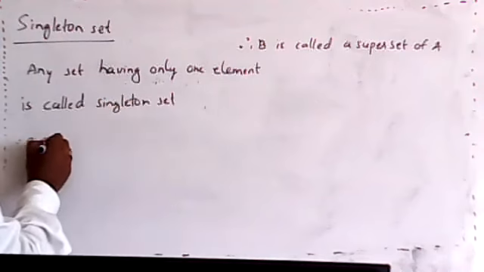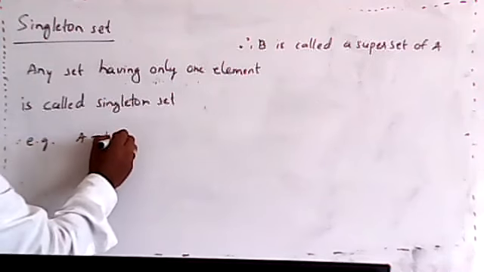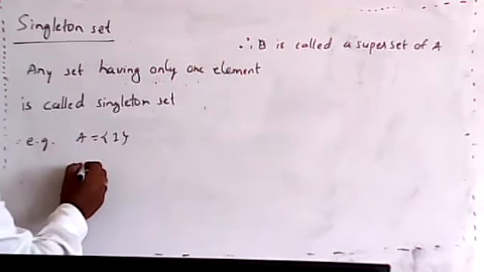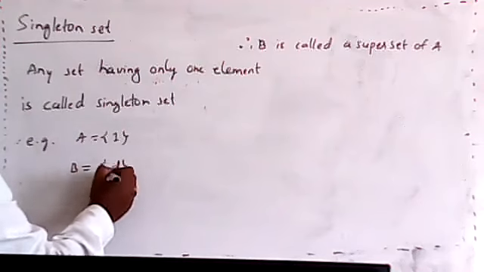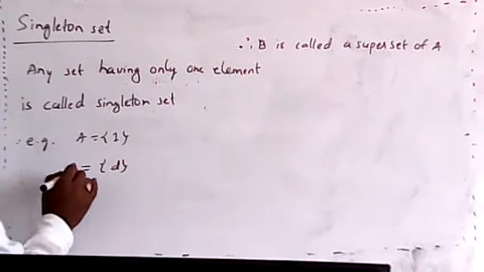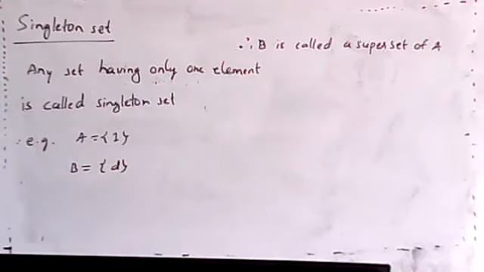Example, you can give anything: A having only one element, C; B having something, say one element, and any other things. Any set having only one element is called a singleton set. No matter the number of elements, the element is one. Very good. Only one element. Correct.